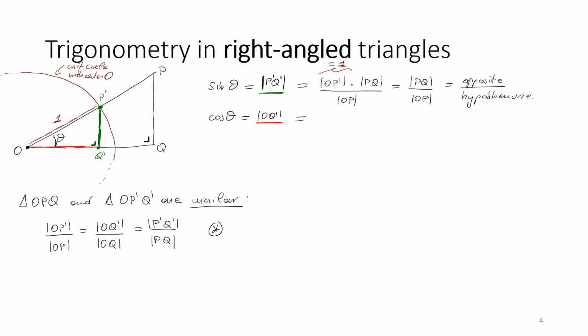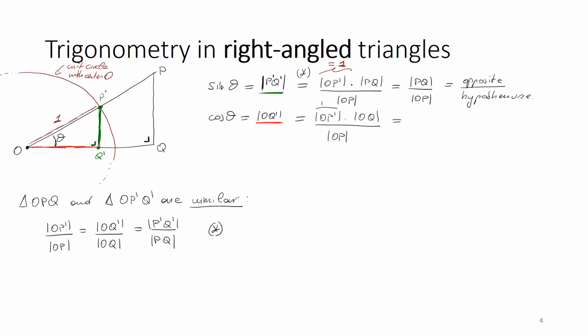Now I can do the same thing for cosine. I get that cosine, using my formula star, is equal to OP' again times OQ divided by OP. Now once again, OP' is 1.